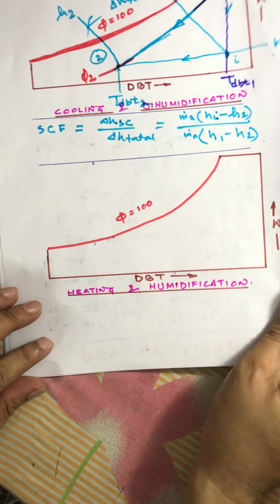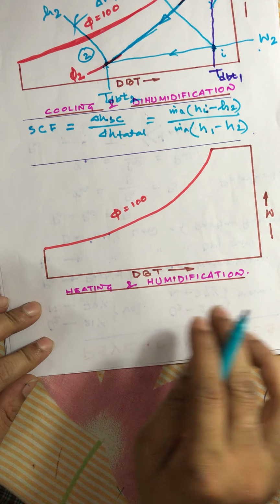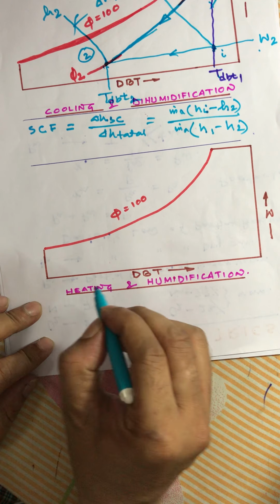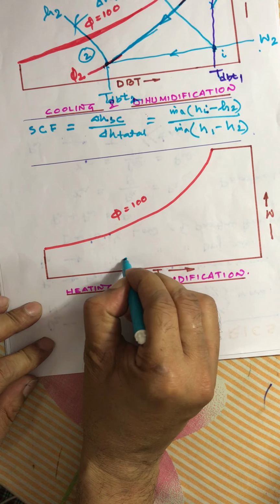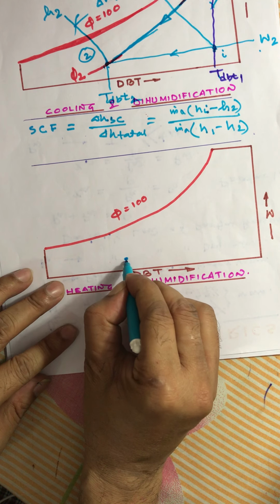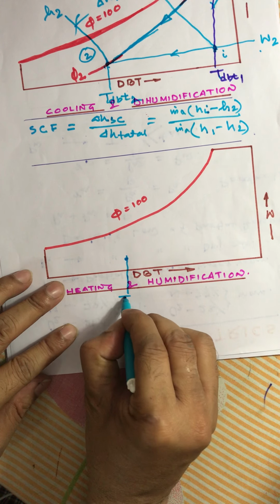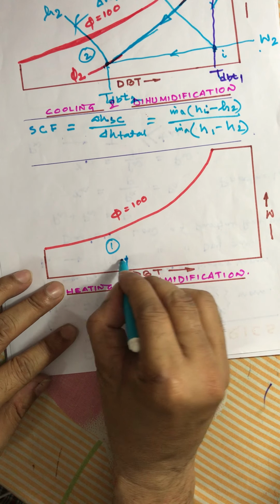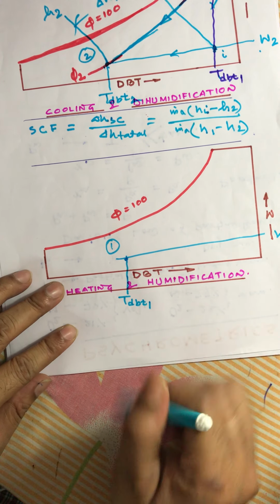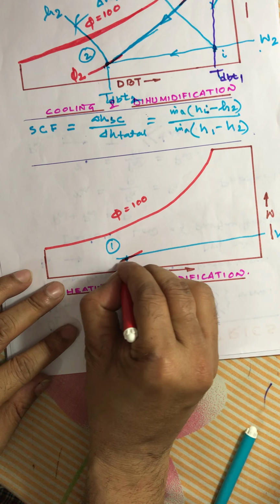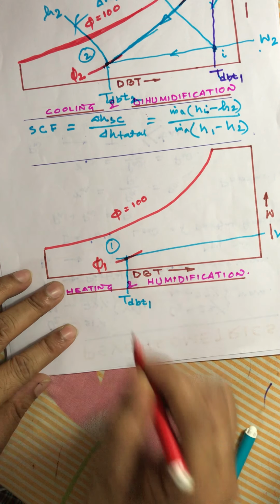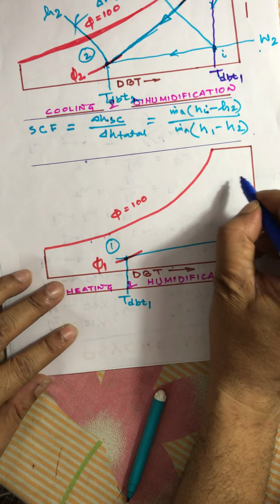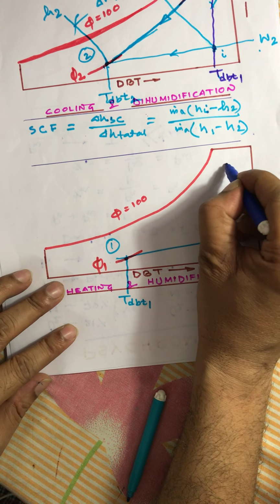Similarly, we can explain the heating and humidification. Suppose this is the initial state of the room air, this is the dry bulb temperature T1, this is point 1, this is W1 and this is phi 1, and suppose this is the final state of the room air, point 2.